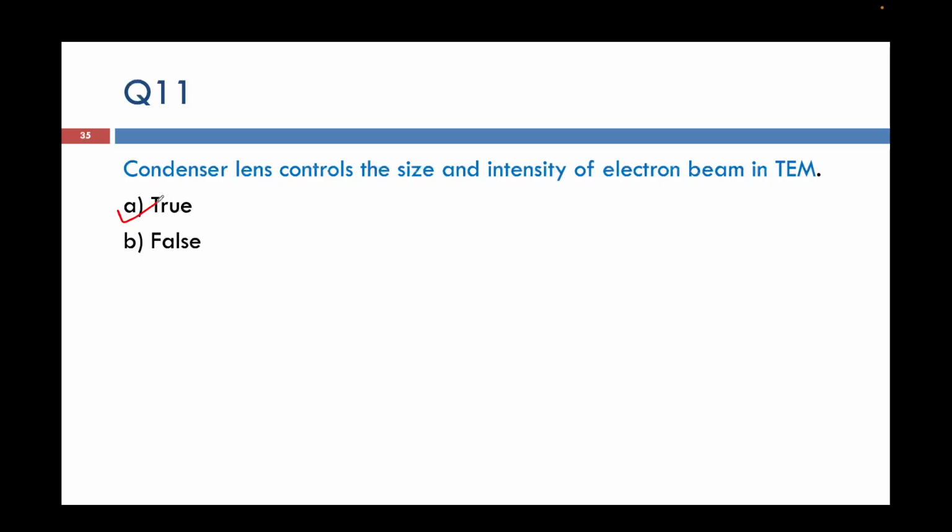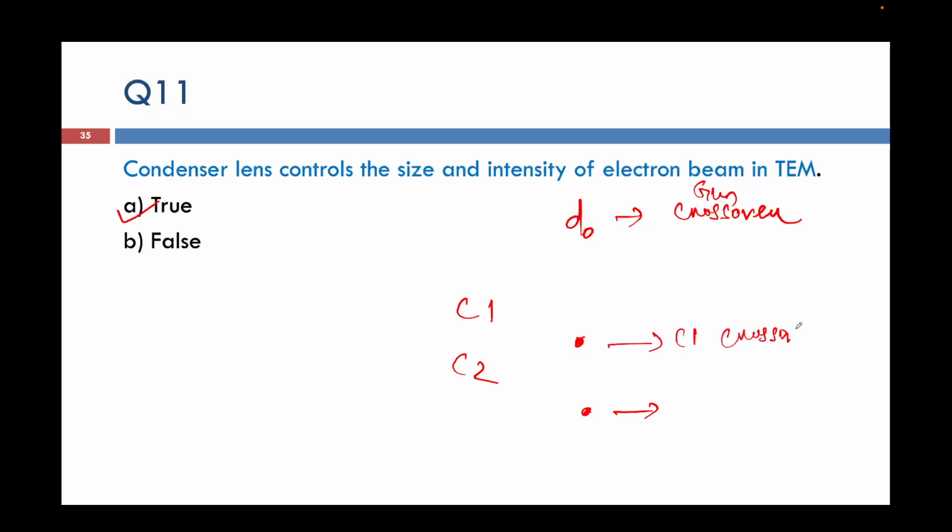Because finally the gun crossover, the d naught value that we are getting from the topmost portion of the electron gun, the electron column, is the crossover. After this gun crossover, condenser 1 and condenser 2 will be there. After condenser 1 there will be one crossover, the C1 crossover, and then the C2 crossover.